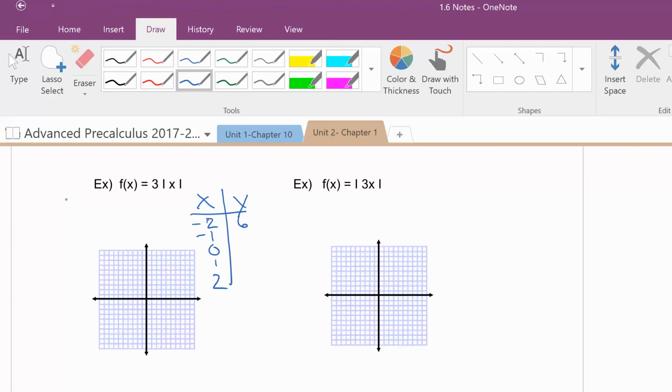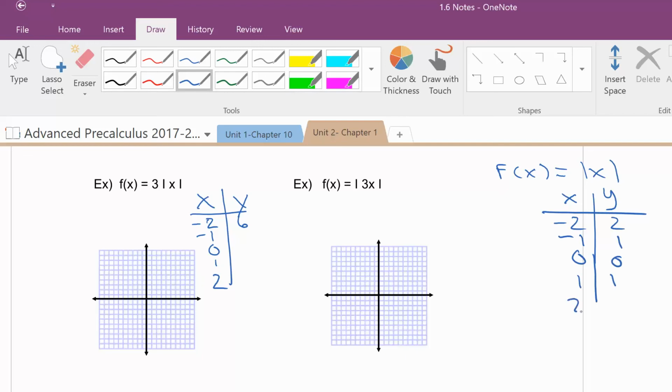Because normally, if you're talking about the absolute value of x, when you put in x and y, you get negative 2, 2, negative 1, 1, 0, 0, 1, 1, 2, 2. But now if you multiply by 3, now your y values go up by a factor of 3 on the graph.